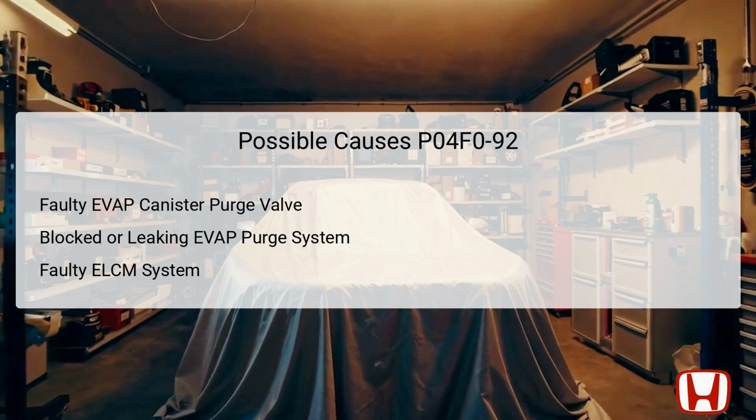Additionally, the ELCM system might also malfunction, which would affect its ability to detect leaks in the system accurately. Each of these components must be checked carefully to confirm their operational status to determine the root cause of the discrepancy noted by the PCM.